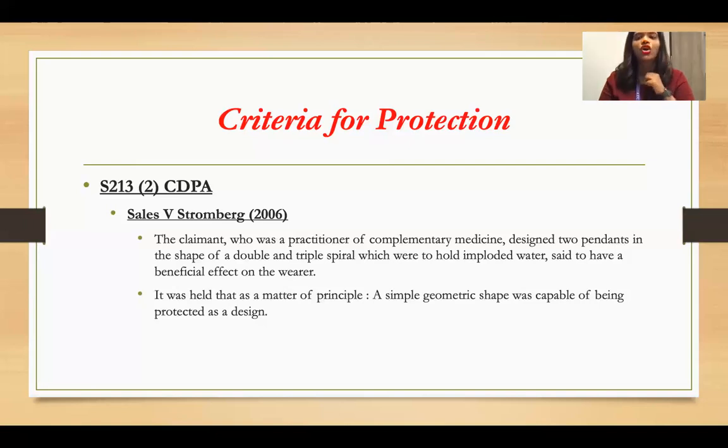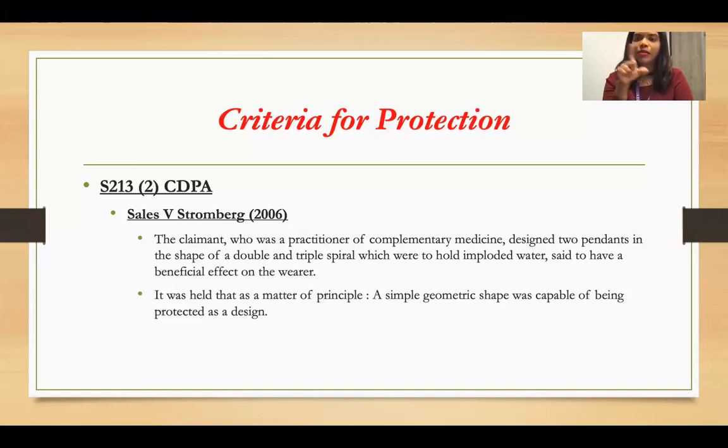So the question that the courts ask themselves is whether this plain geometrical shape of pendant can be considered as a design or not. And the court held that yes, a plain or any simple sort of geometrical shape can be considered as a design as long as it has a shape.